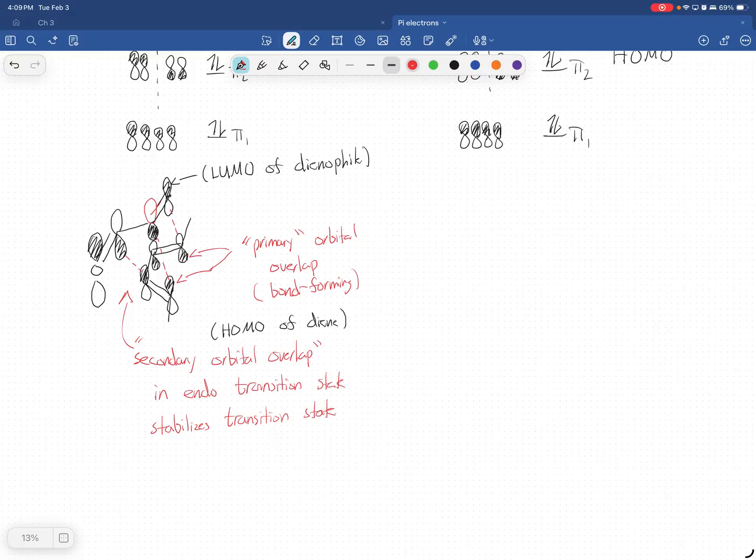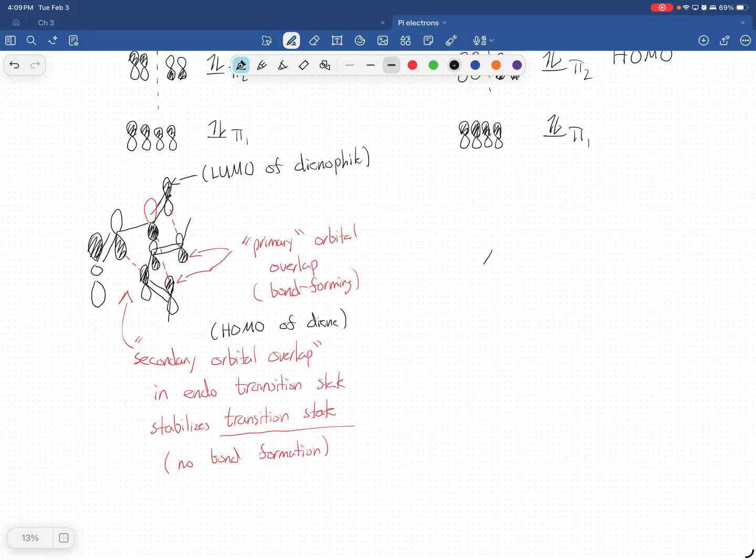So it's these interactions that stabilize the transition state. But what happens here, there's no bond formation, okay? So no bond formation occurs here. This interaction is merely to stabilize that transition state. So that's why this product, the endo product, forms.